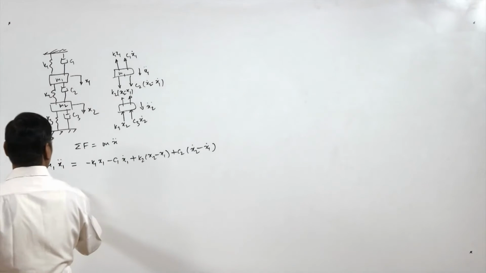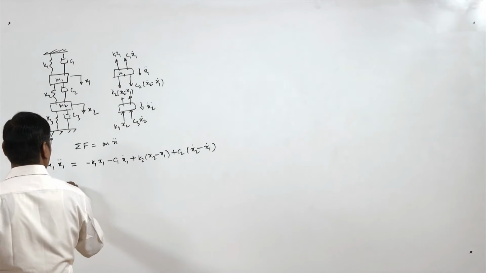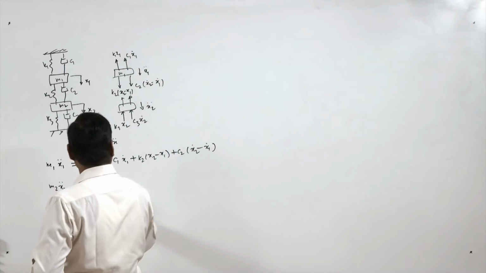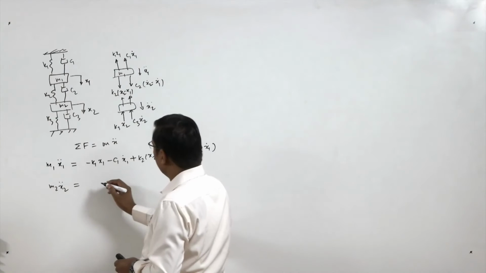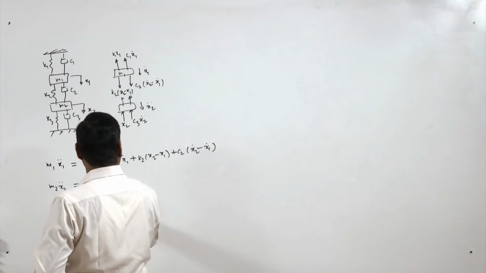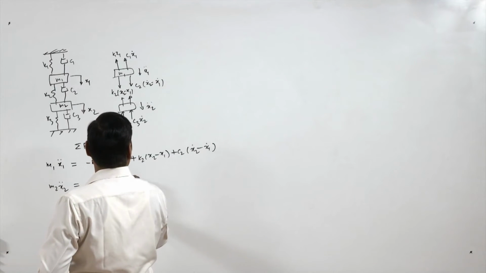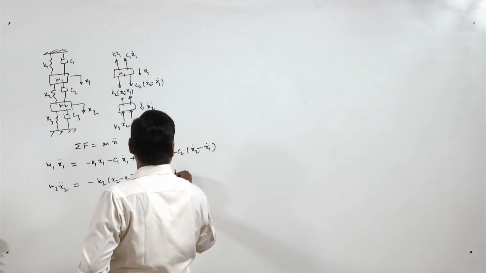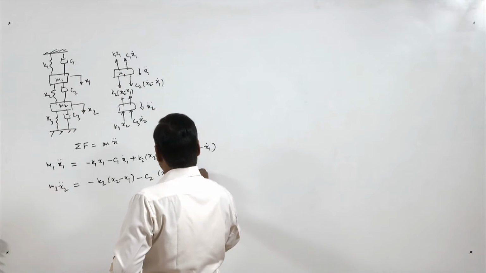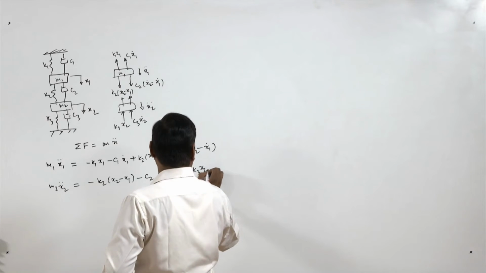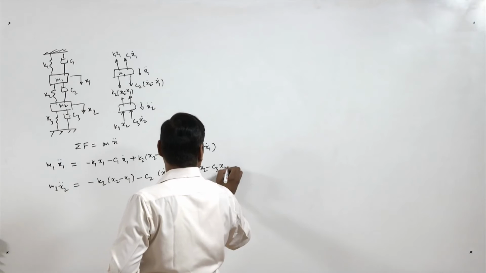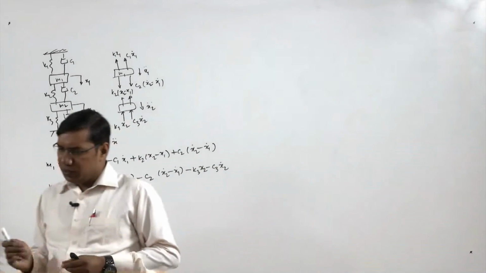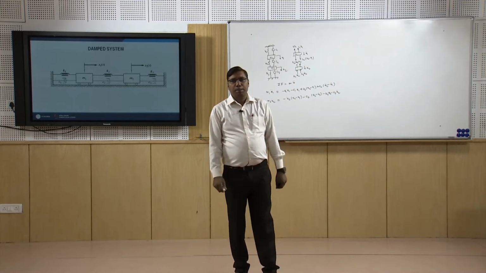Similarly, for mass m2, m2 x2 double dot equal to, so all the forces are opposite, so they will be minus k2 (x2 minus x1) minus c2 (x2 dot minus x1 dot) minus k3 x2 minus c3 x2 dot. Okay, so this is the equation of motion.